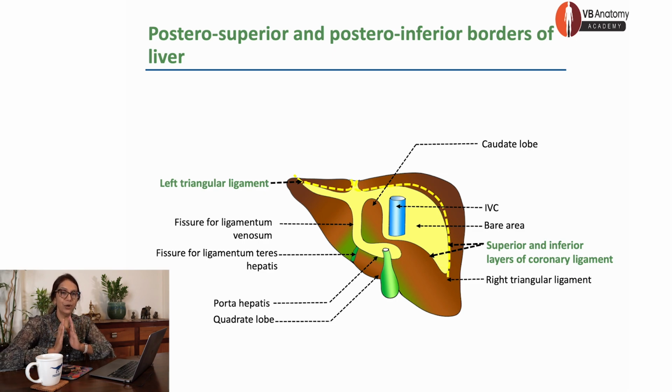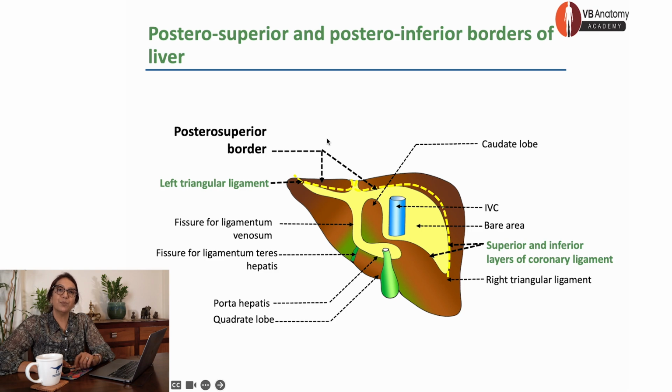You remember I told you how the falciform ligament covers the anterior surface and as it reaches above, it divides into one layer that goes to the left and one layer that goes to the right. Correct? So these are the same layers and together they form the posterior-superior border of liver. We've done that. Therefore, the surface anterior to it is the superior surface of liver.